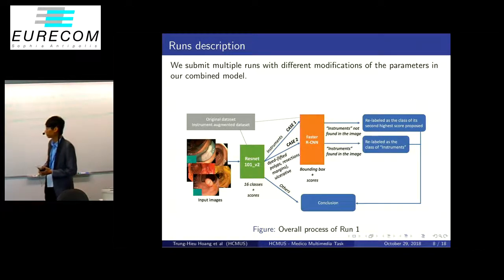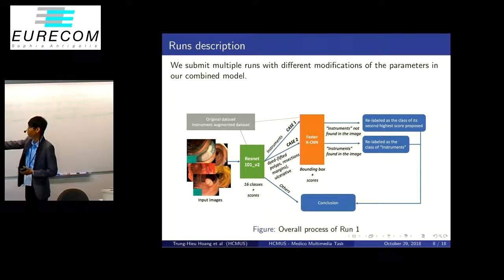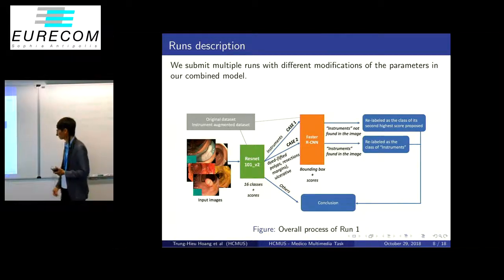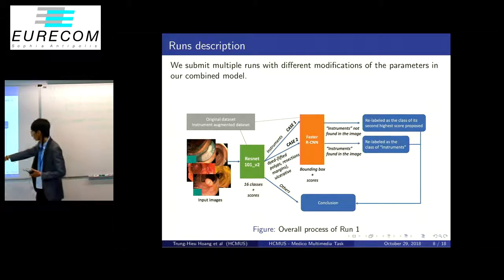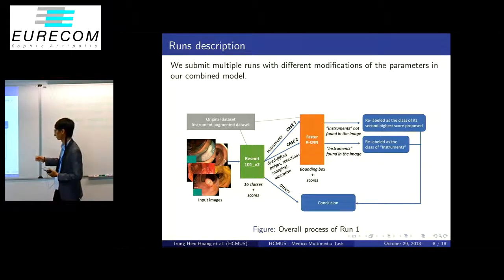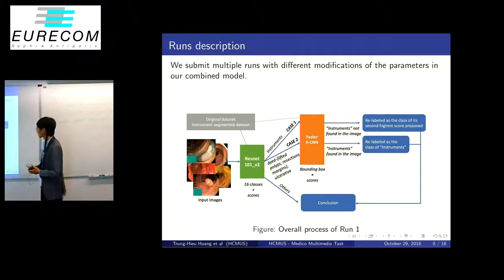And for the prediction phase, for an image after going through the ResNet, if it was predicted as the instrument or dye-lifted polyps or resection margin or ulcerative colitis, it will go through the faster RCNN in order to detect the objects in the image, and with the faster RCNN we do the double check for the instrument.